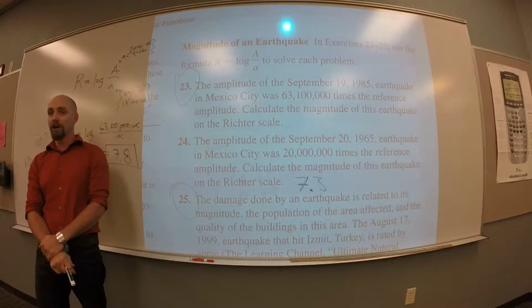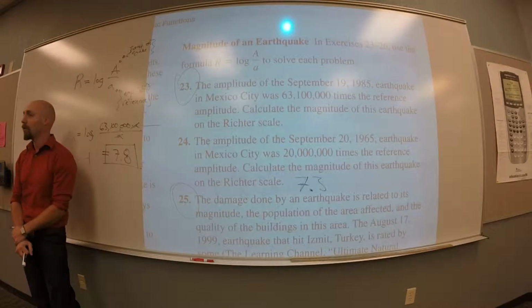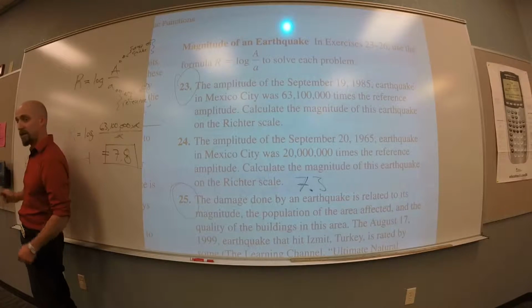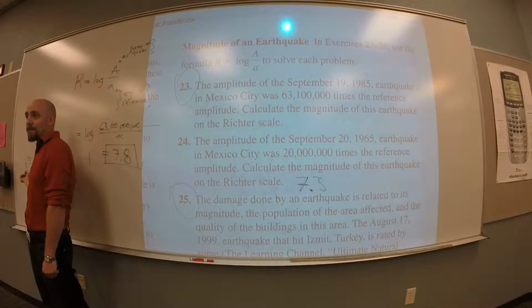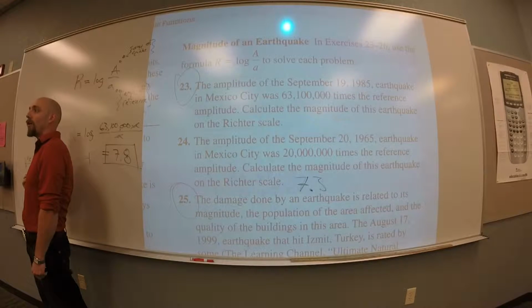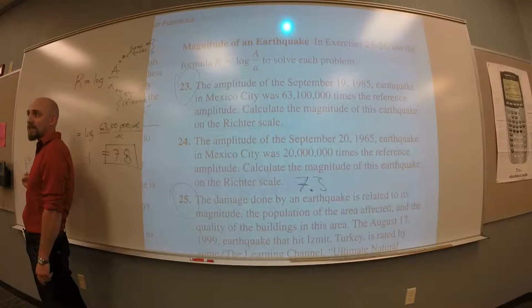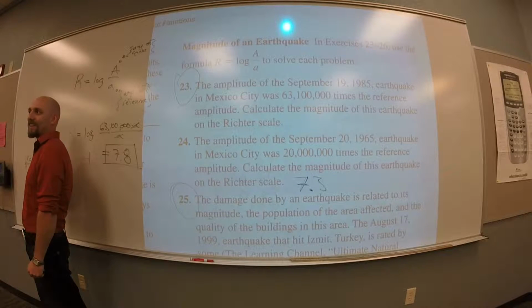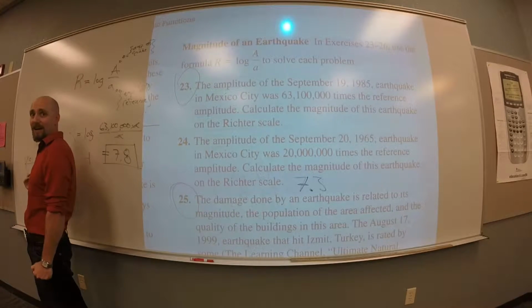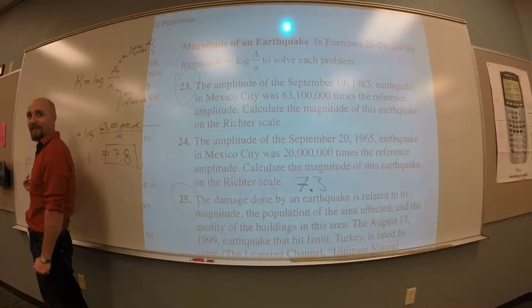The earthquakes we were talking about when we started, we said, okay, a 3 is a centimeter. A 4 is 10 times that. It's 10 centimeters. A 5 is a decimeter. And a 6 is 10 times that, right?